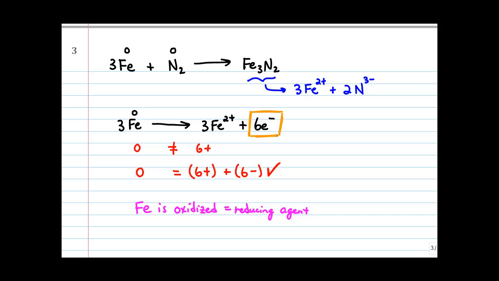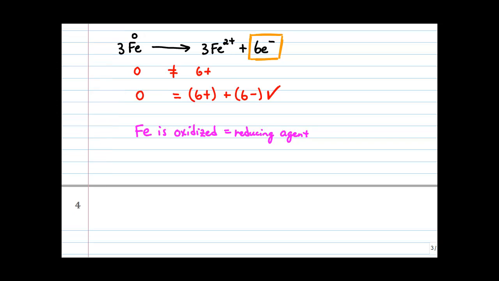Because iron lost 6 electrons, guess what's going to accept 6 electrons? The N2. Because the extent of oxidation always equals the extent of reduction. Well, let's go over that.